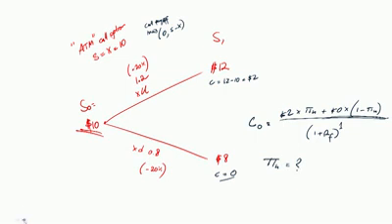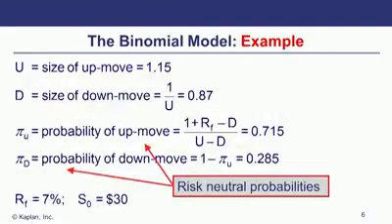So we can therefore derive the risk neutral probability of an up move, which I'm not going to derive in this video, because I think it's better value for money for you to simply rote learn this formula. It's not particularly difficult, and it takes less time to rote learn it than to derive it.